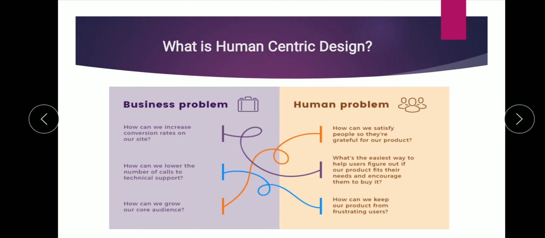So you need to think from the human problem side, not from the business problem. For example, let's say you're going to buy a water purifier, say, an AquaGuard. You don't want the AquaGuard to keep malfunctioning at a constant interval of time, right? You want the machine to keep working for, let's say, a period of 2 or 3 years without any service requirements.